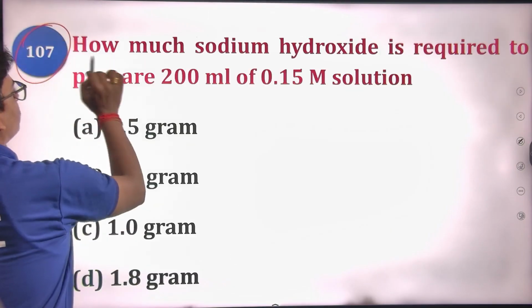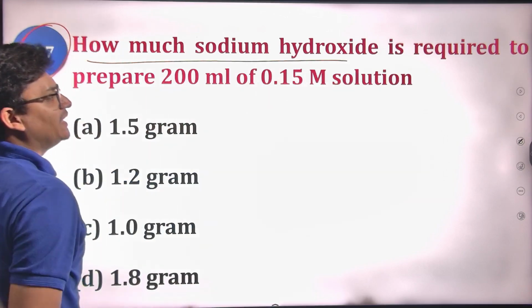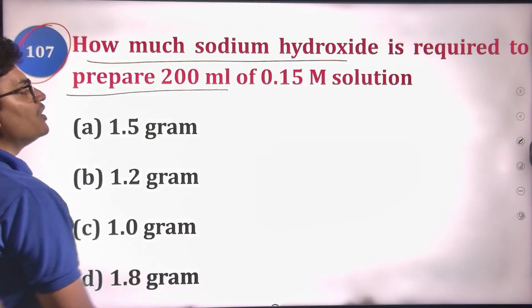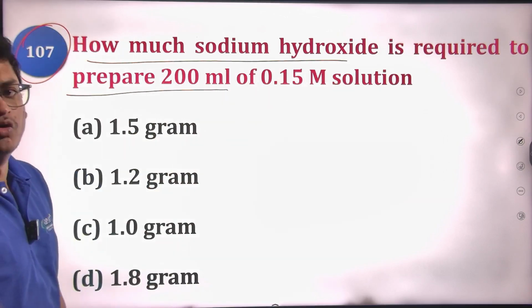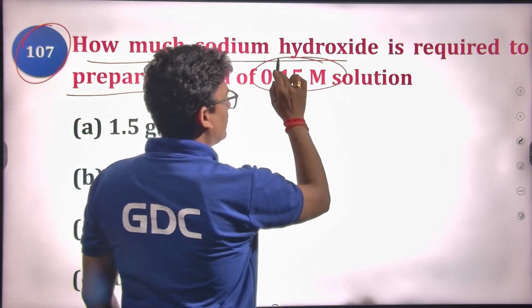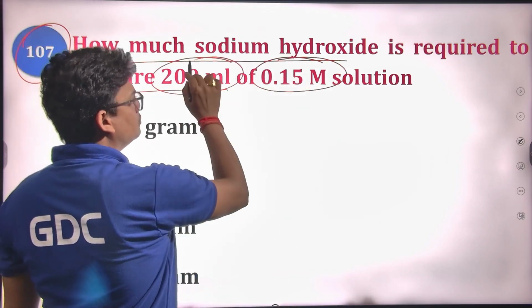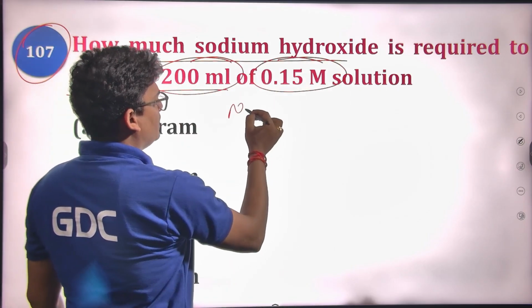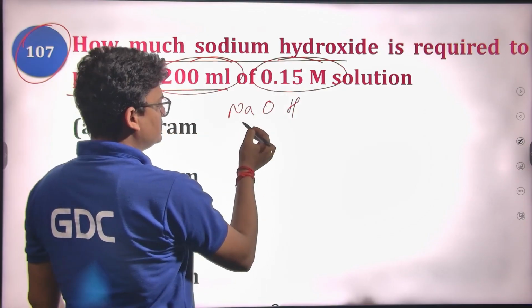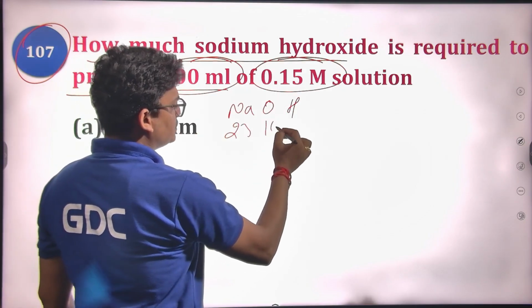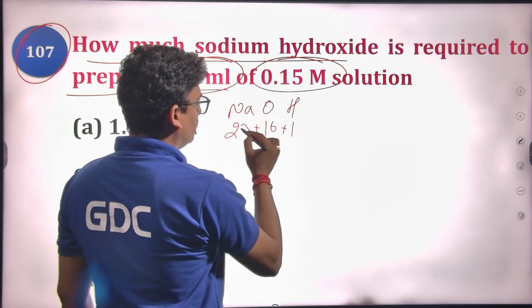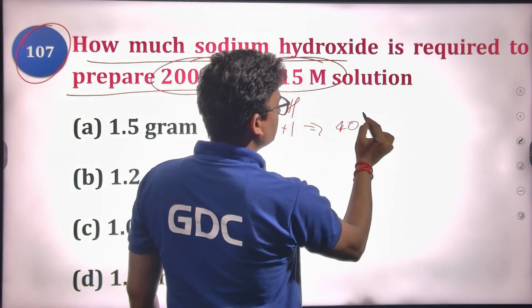Question number 107, how much sodium hydroxide is required to prepare 200 ml of 0.15 molar solution? This is the molarity, this is the volume. Sodium hydroxide, that is NaOH, that is having 23, 16, 1, that is 40. So its molar mass is 40.